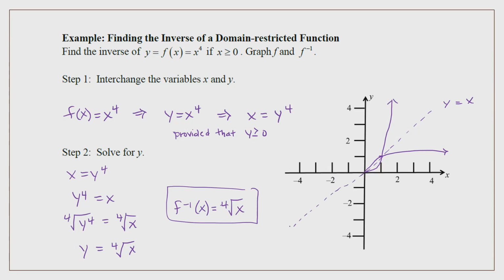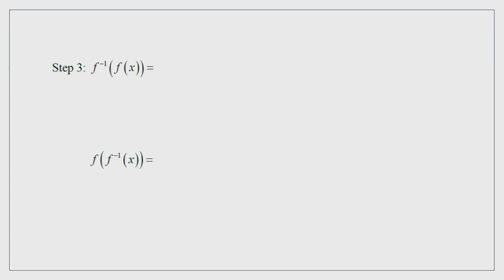Okay. But let's finish off by verifying that they're actually inverses of each other. So graphically, we've shown that they are, but algebraically, let's show that they are. So my function f of x is x to the fourth, and my inverse function of f is the fourth root of x.